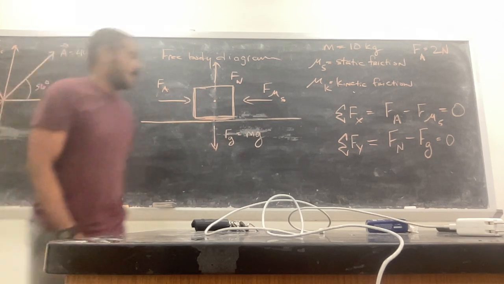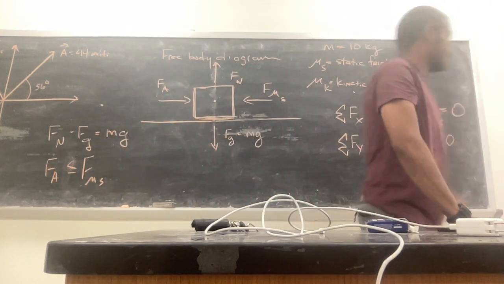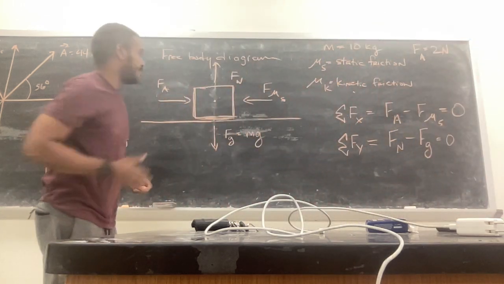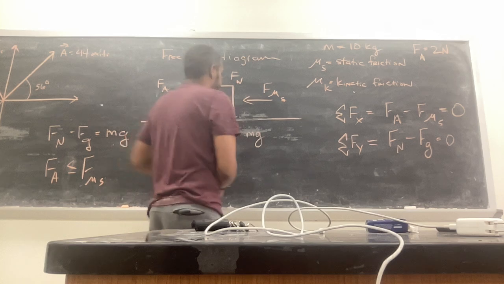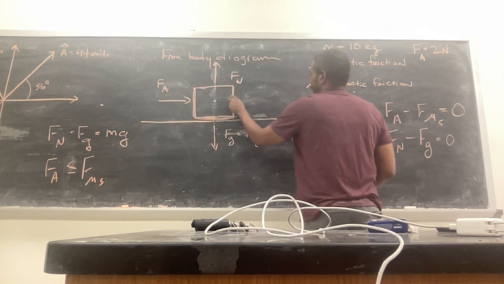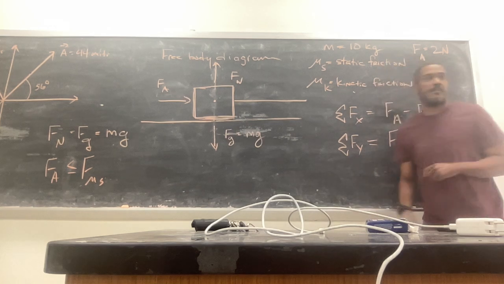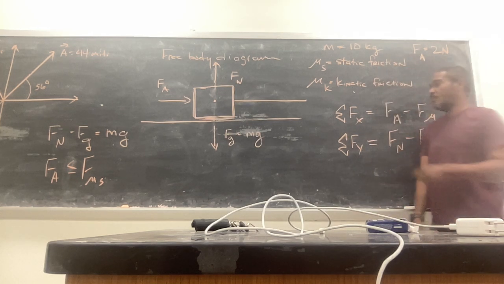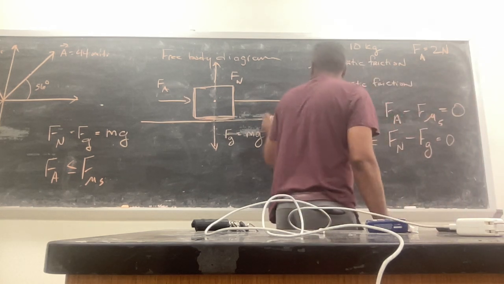And so, there will be instances where we have additional forces. This could be attached to a rope. Let's say this is another type of machine.